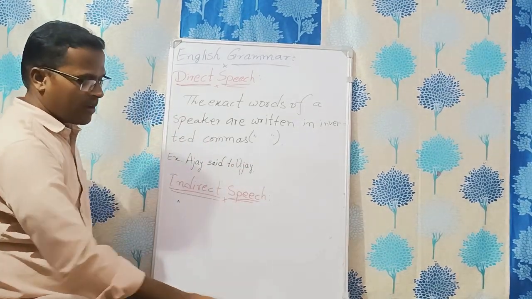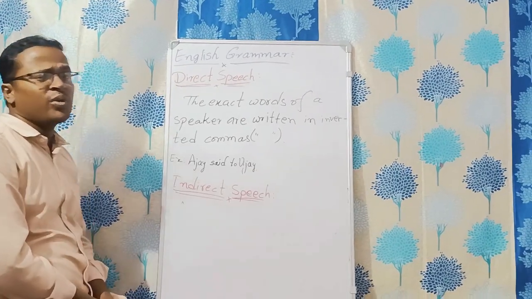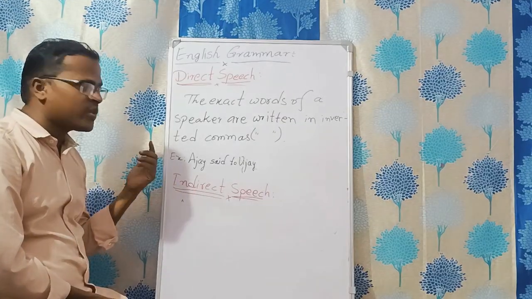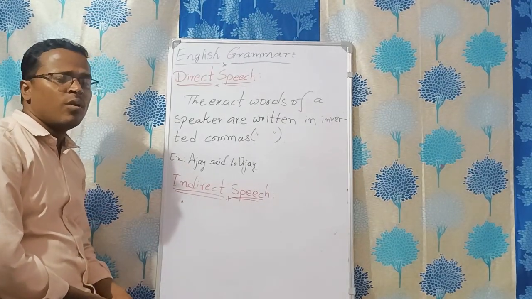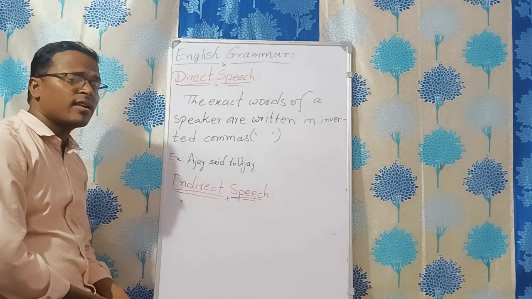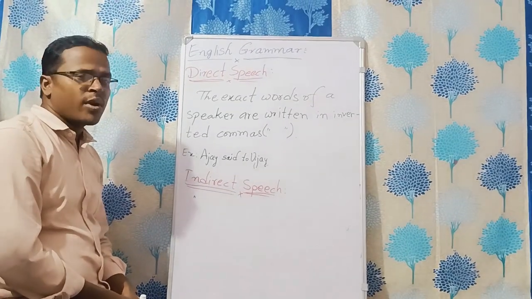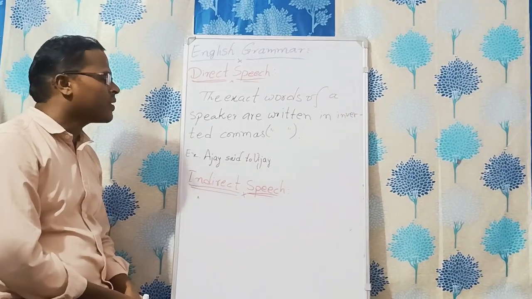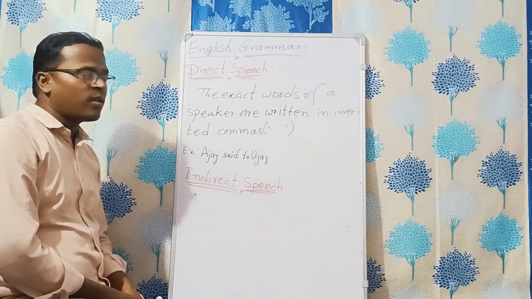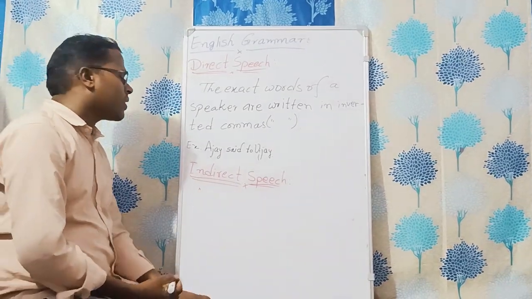So how many sentence types did we convert from direct speech to indirect speech? Can you recollect? The first one we used was declarative, the second interrogative, the third exclamatory, and the fourth optative. We forgot one more sentence type, that is nothing but the imperative sentence.